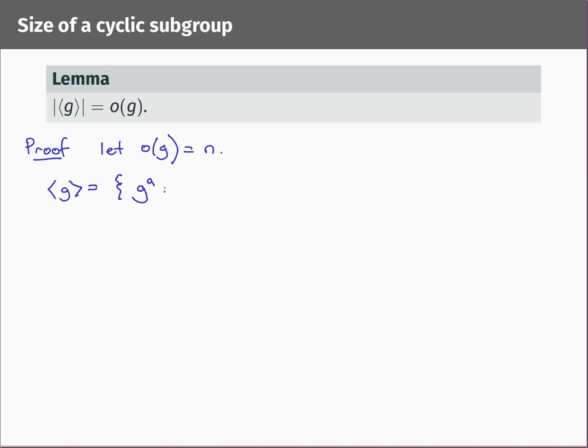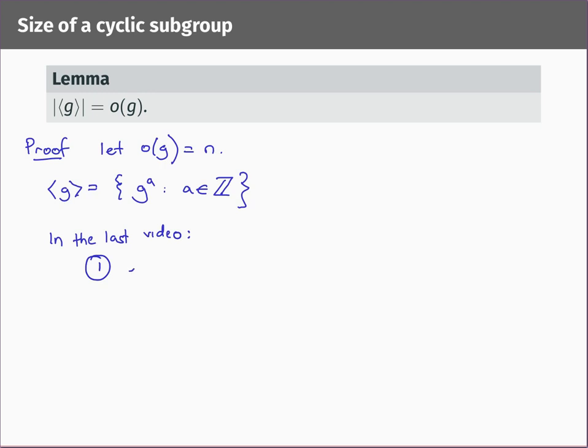So this cyclic subgroup was defined to be the set of all integer powers of this group element. But we know something about those integer powers because we investigated them at the end of the final video. So there are 2 results.